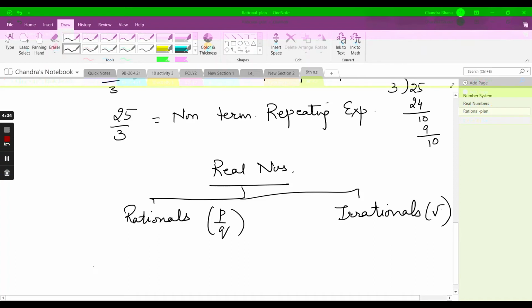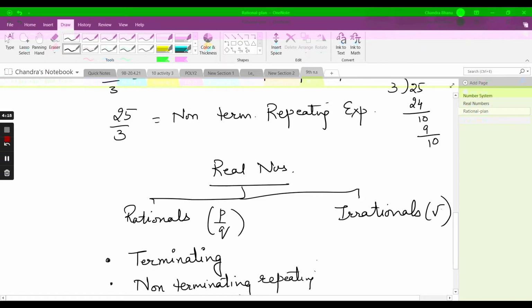Their decimal expansions are, firstly, in rationals it is terminating or it may be non-terminating recurring or repeating. But when we have irrationals, then their decimal expansion is non-terminating and non-repeating.